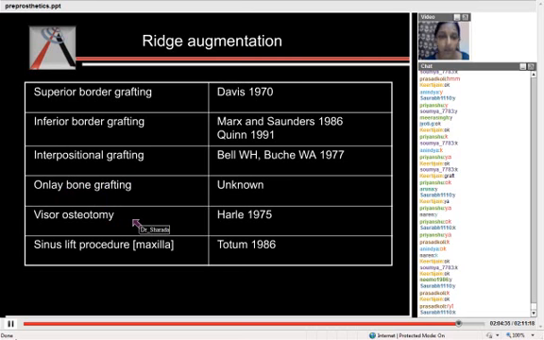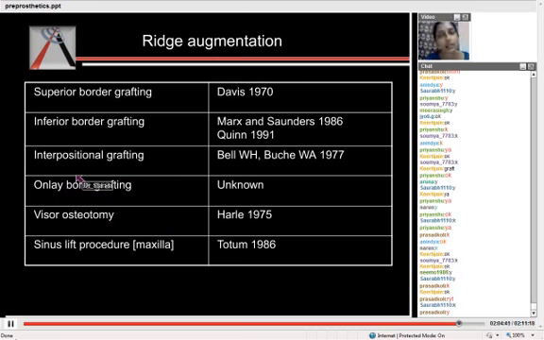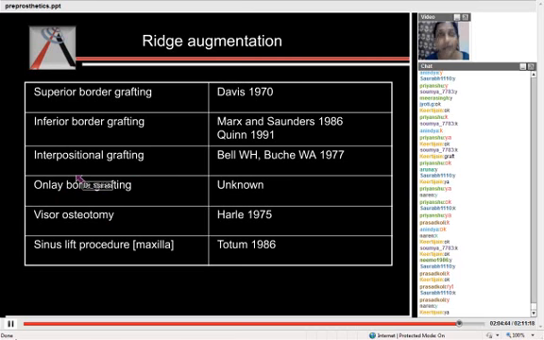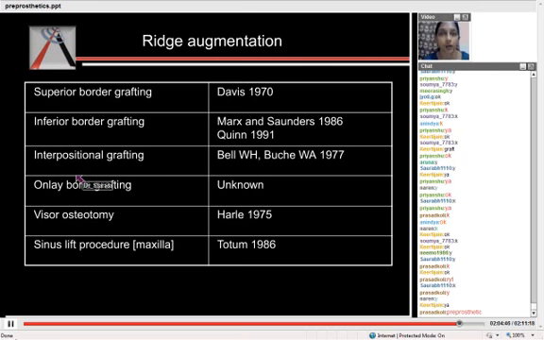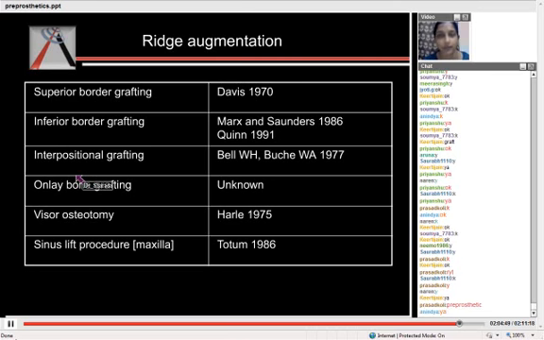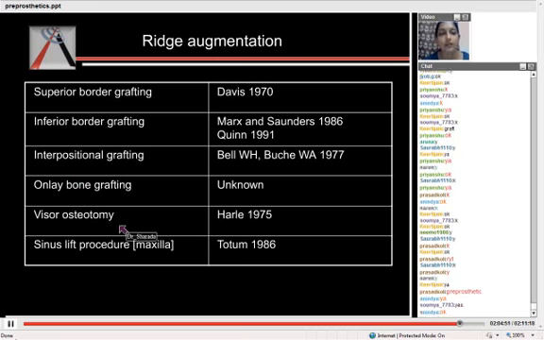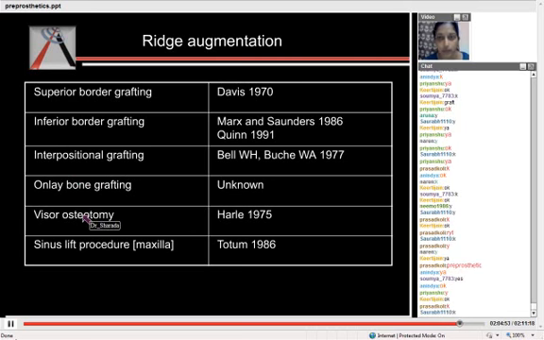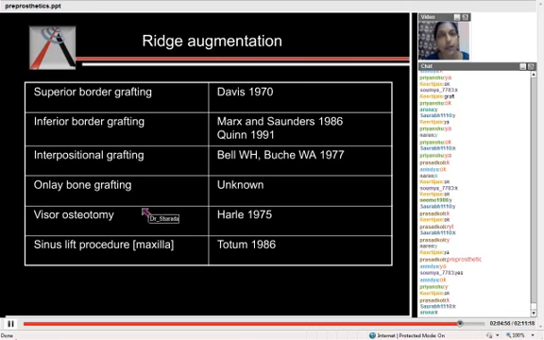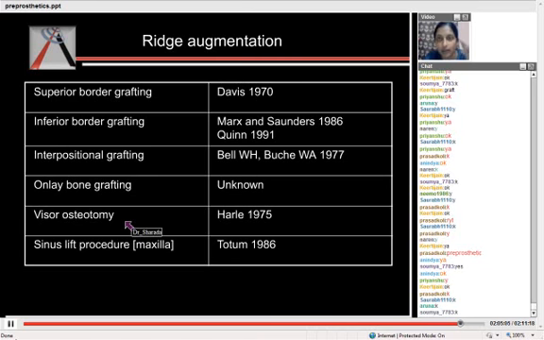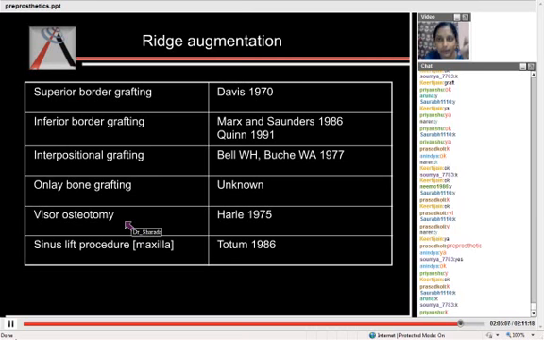Visor osteotomy: always remember, you get a question on visor osteotomy. The main question is whether it's a preprosthetic surgery or an orthognathic surgery. The answer is preprosthetic surgery. Do not get confused. Visor osteotomy is always preprosthetic surgery. You have visor osteotomy and modified visor osteotomy. It's the same thing, repositioning your lingual cortical plate and the labial cortical plate.